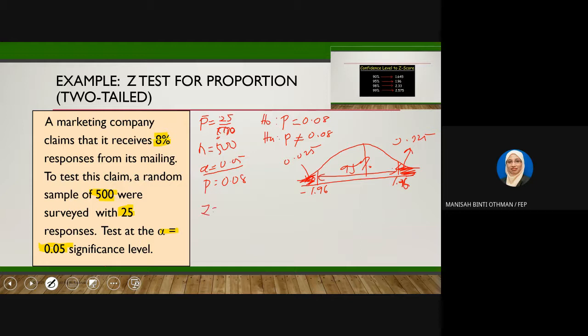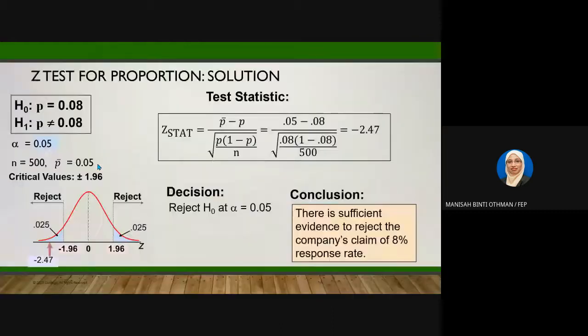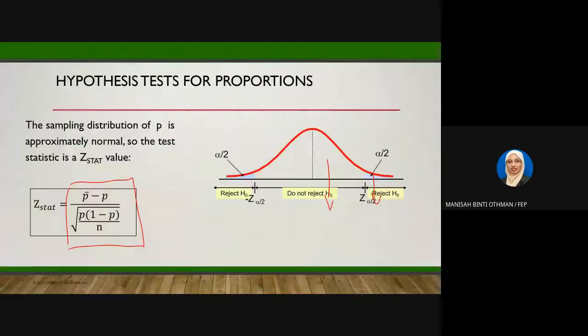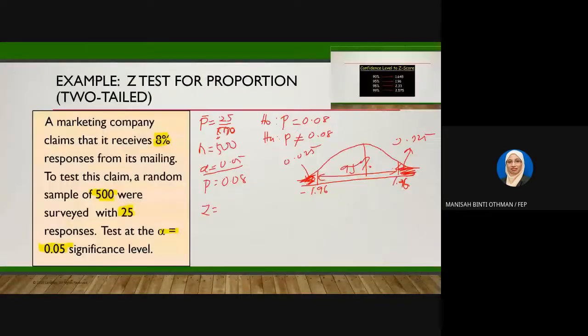To determine whether you reject or do not reject the null hypothesis, you have to calculate Z. Z equals P bar minus P divided by the square root of P times 1 minus P divided by N. Did anyone calculate P bar?